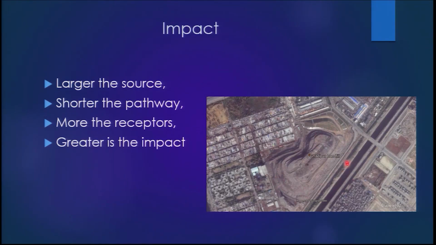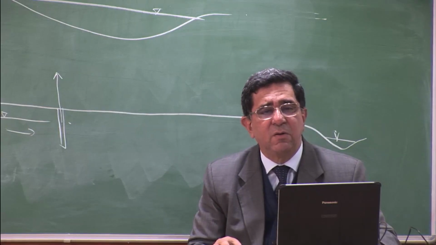It's a Google Earth shot, and there are people living all around it. These are houses, some sheds, some houses, some residential area. So obviously, if anything is coming out from this, it's going to impact this area. A simple thing like bad odor can be affecting everybody around this area.